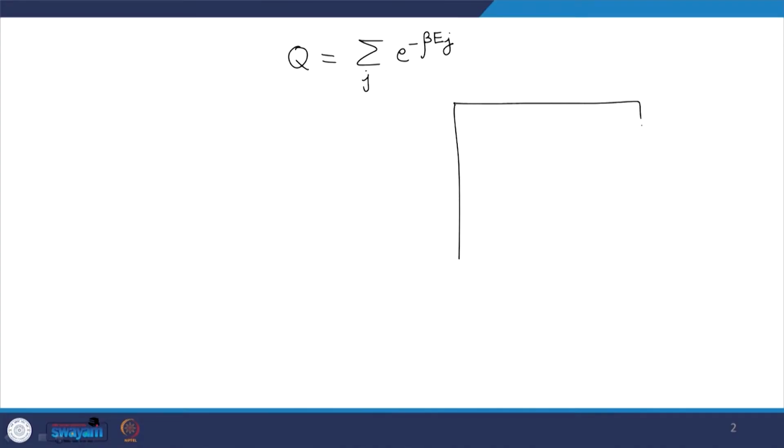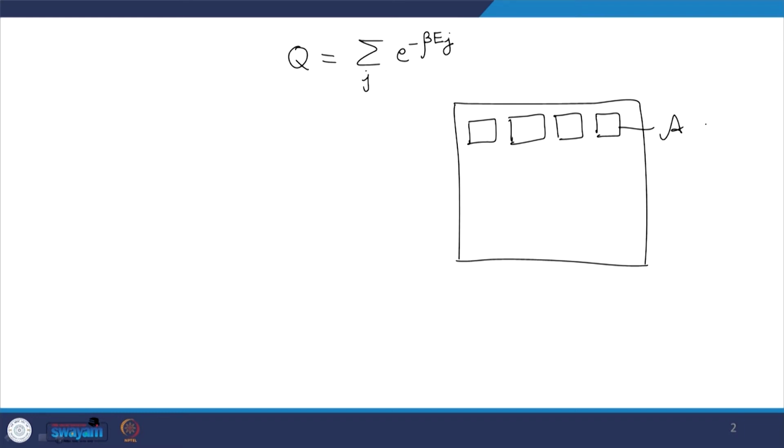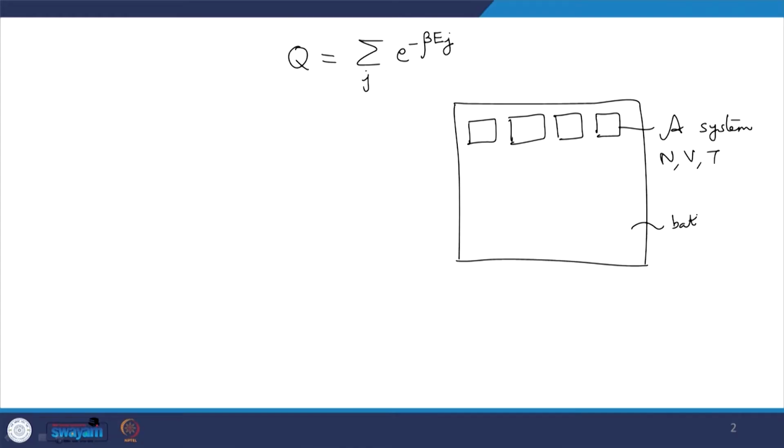In this case, going back to our earlier treatment, we have some A systems each having some number, some volume and temperature, and they are forming an ensemble. Of course, they are not in any close contact except with the bath, and the bath is infinite and maintains the temperature of the system. But the energy of the systems can be different, which are characterized by Ej, that refers to different energy levels that are possible in the system.